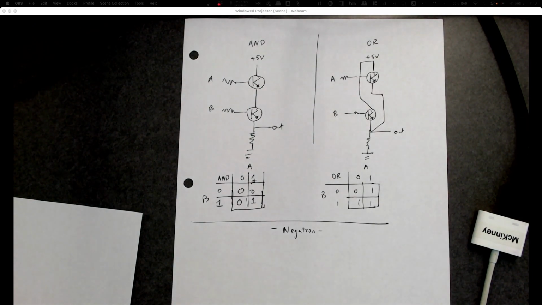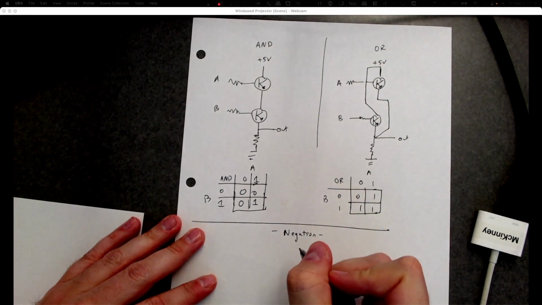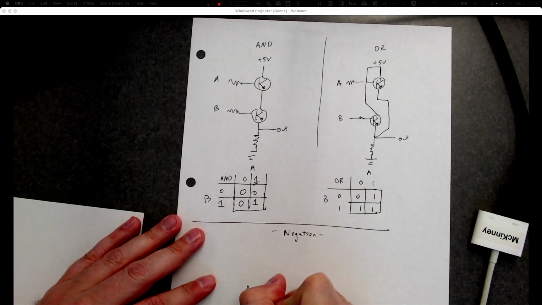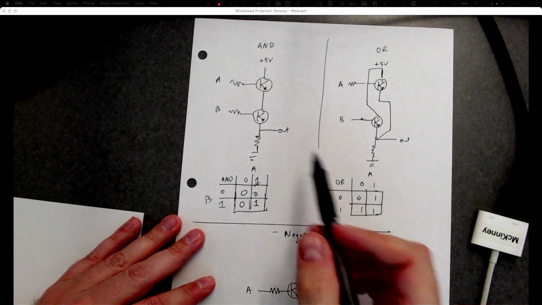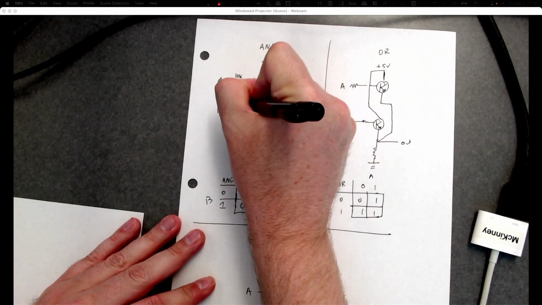Let me draw a circuit here, and it'll only have one input. For technical reasons, you see how we have this, and let me label the resistors.